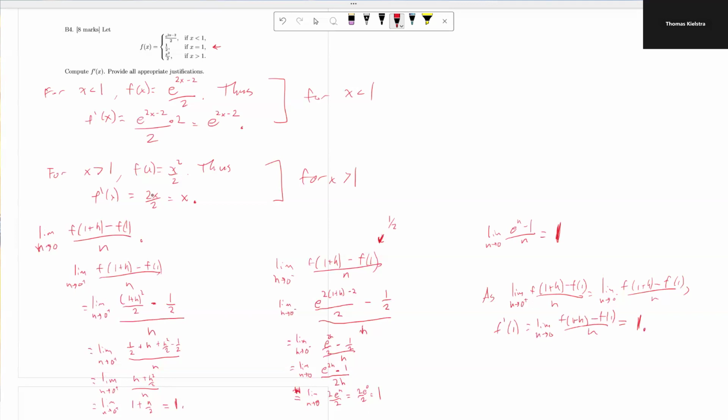So now I have the derivative at 1, the derivative for greater than 1, and the derivative for less than 1, and I can combine it into a single piecewise function. My derivative becomes e to the 2x minus 2 when x is less than 1, 1 when x equals 1, and x when x is greater than 1.